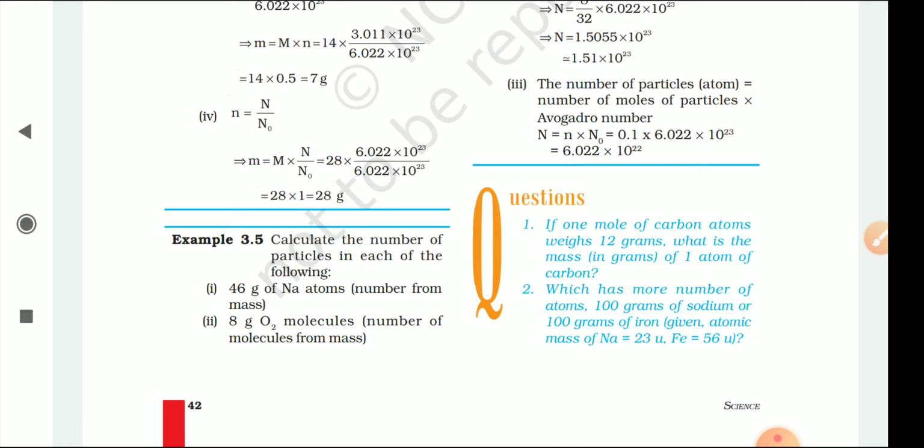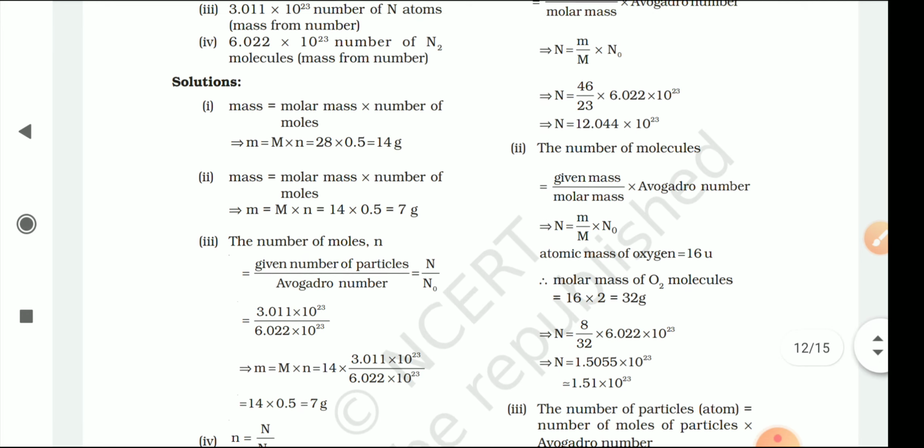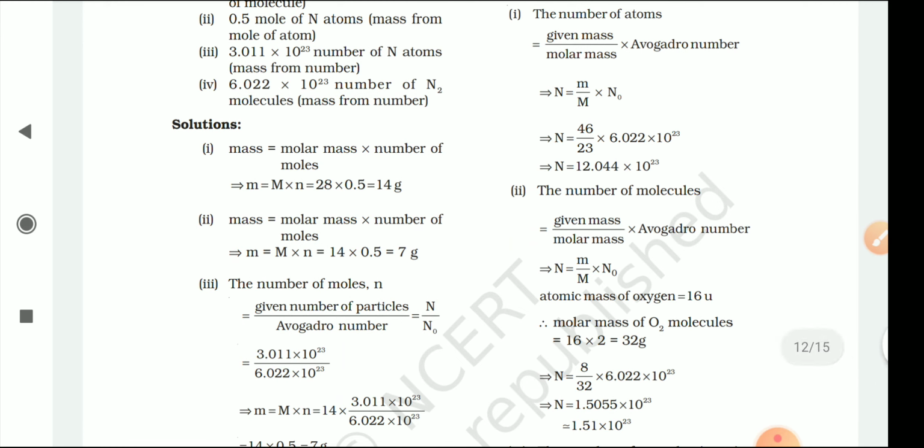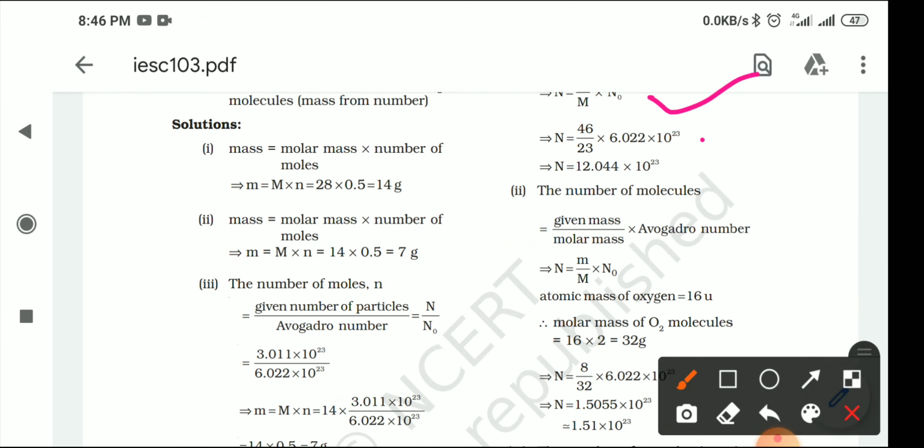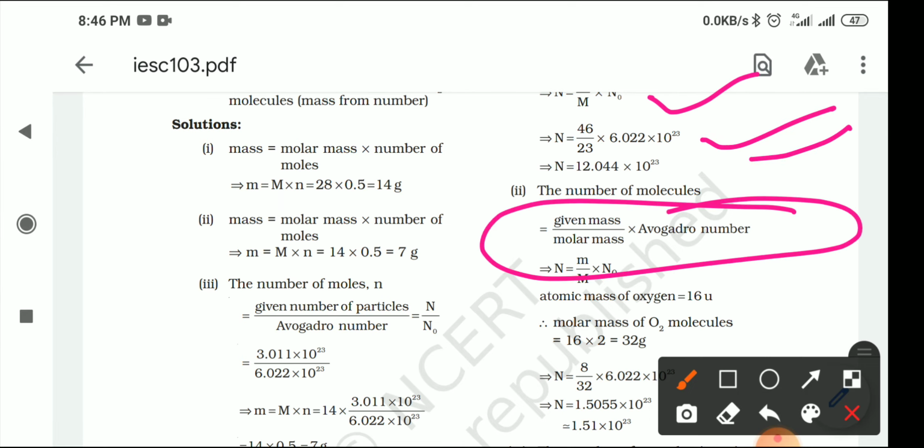It means 46 divided by 23 and multiplied by 6.022 into 10 to the power 23, and you will get the answer 12.044 into 10 to the power 23. It is a simple formula: given mass over molar mass, and because you have to calculate the number of particles, you need to multiply by Avogadro number.